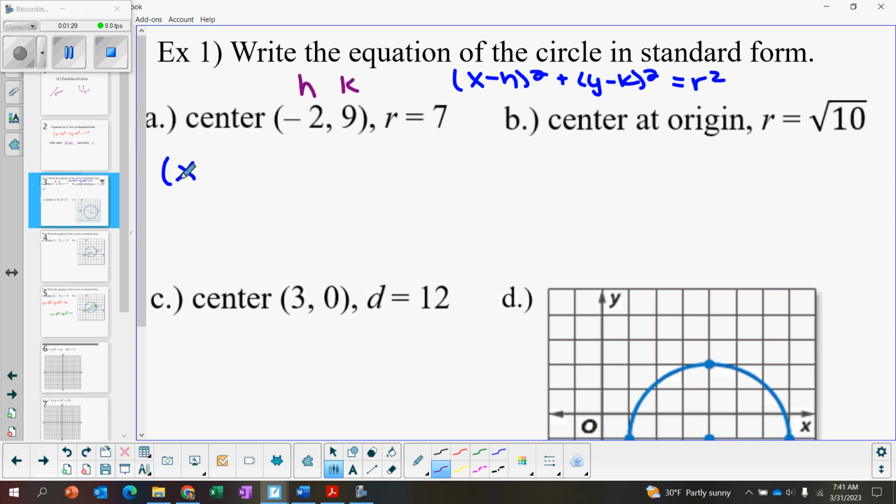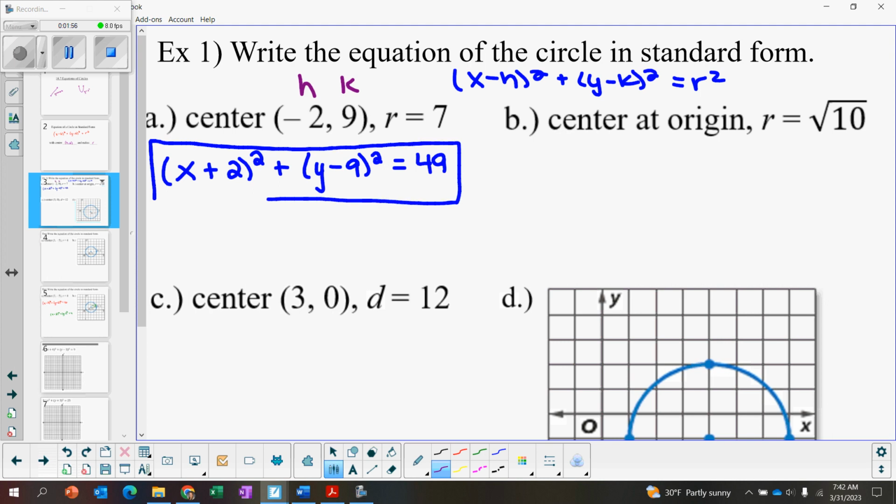If I do x minus negative 2, that's x plus 2 squared, plus y minus 9 squared equals 7 squared. I'm not going to leave it at 7 squared; I get 49. This can't be simplified further. That's the answer. We're done.